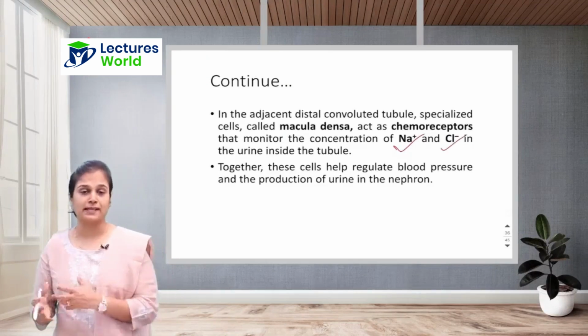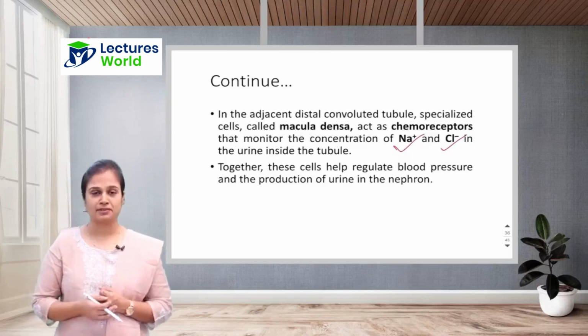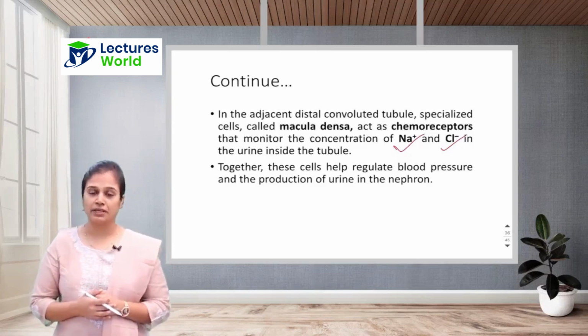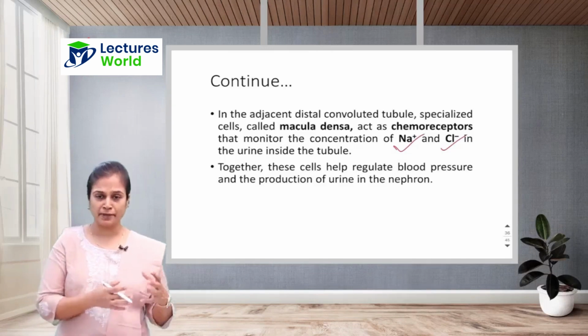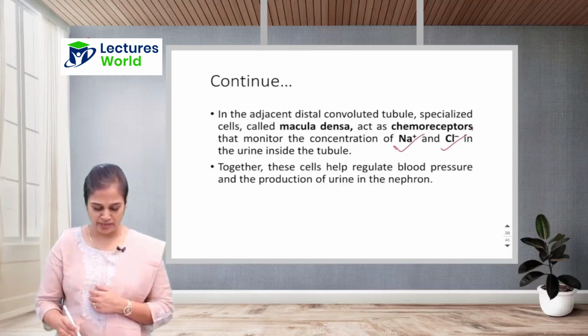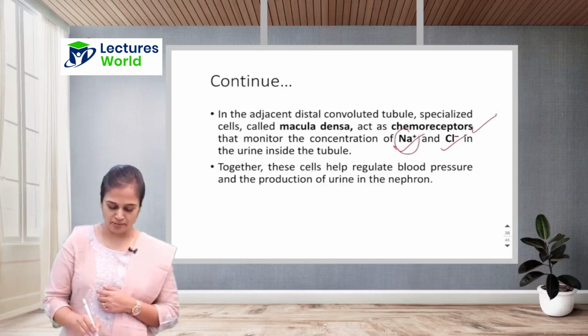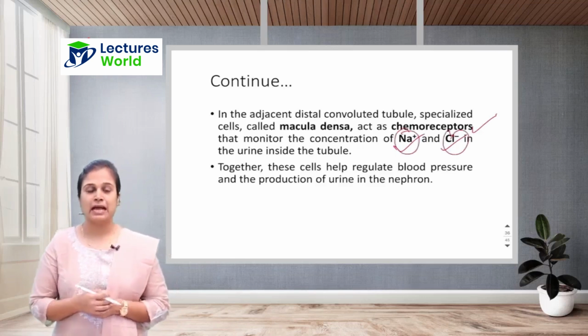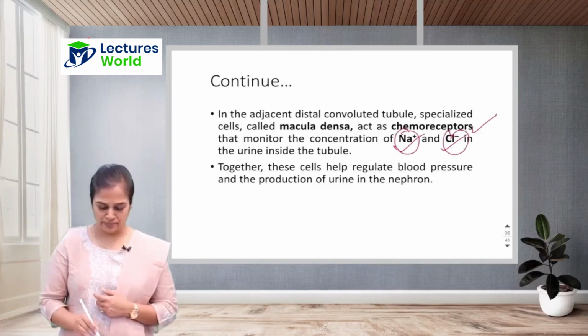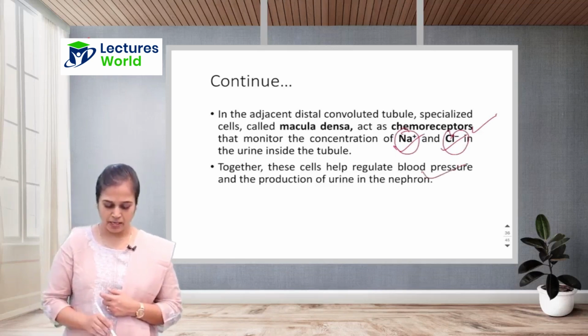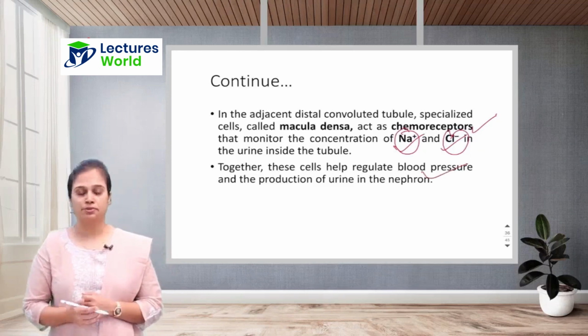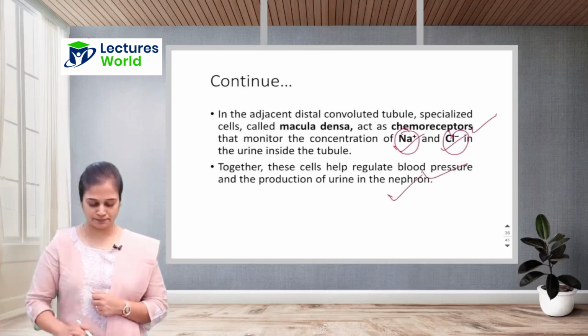Together these cells help to regulate blood pressure and production of urine in the nephron. So the macula densa acts as a chemoreceptor and monitors the concentration of Na+ and Cl-, and with the help of this there is maintenance of blood pressure and production of urine in the nephron.